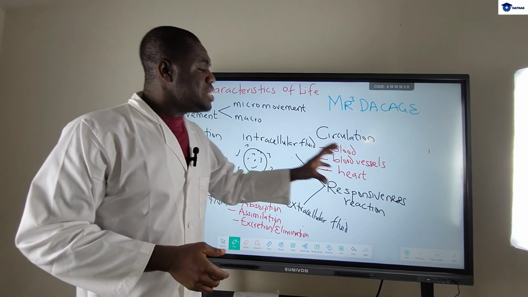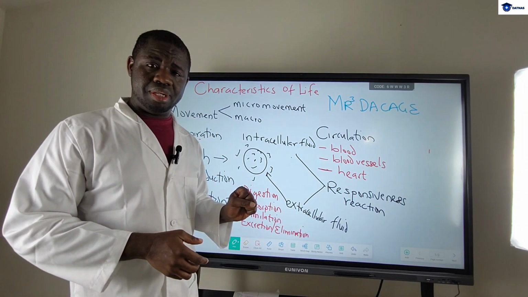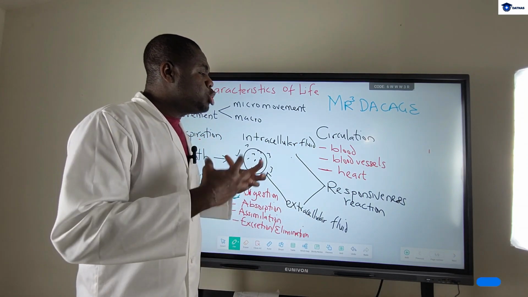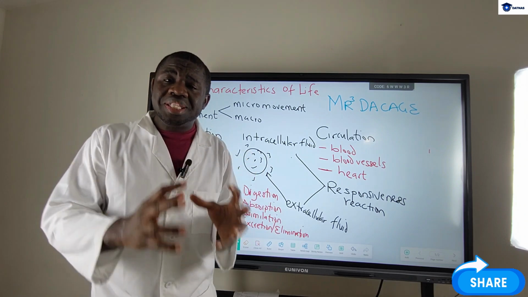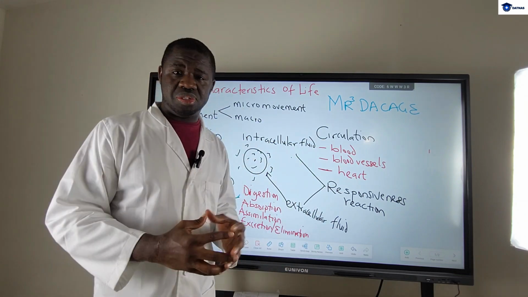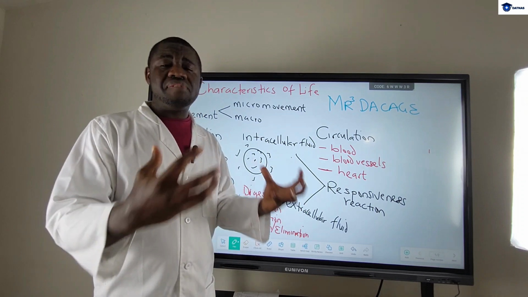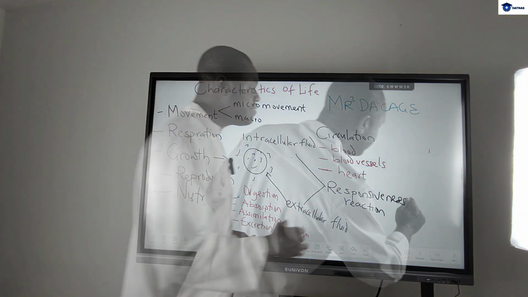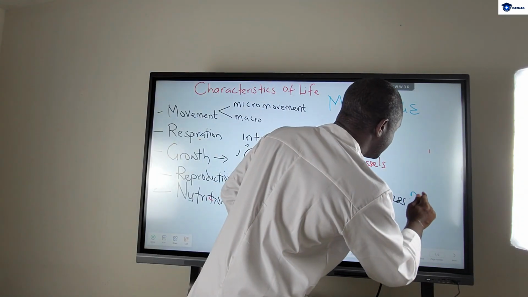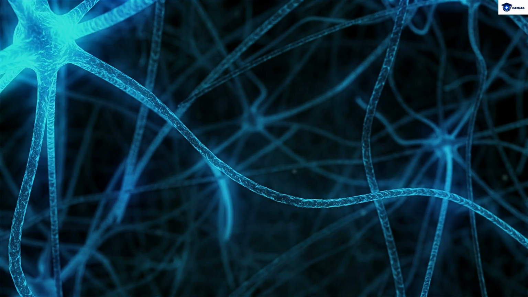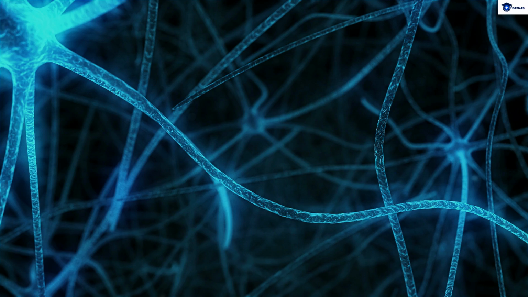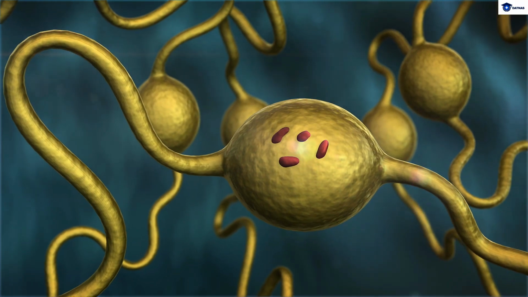So, there are systems that ensure that the body appropriately responds to changes in our environment. We have the nervous system and the endocrine system.